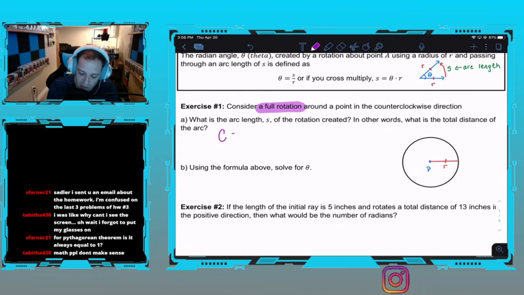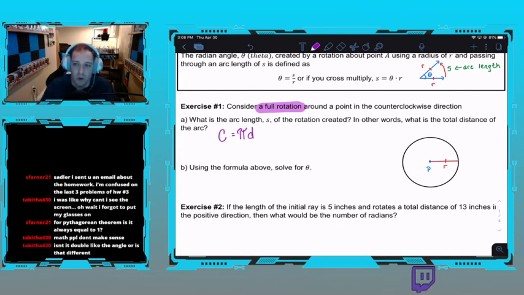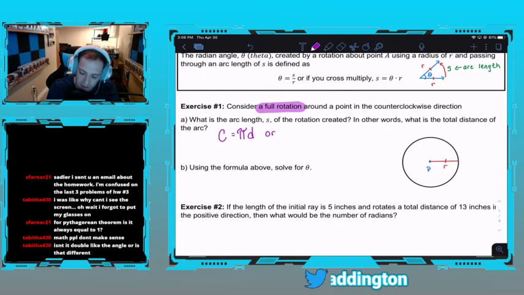And I'm going to write down the formula first. It was C is equal to pi d, or sometimes it is written out as C is equal to 2 pi r.